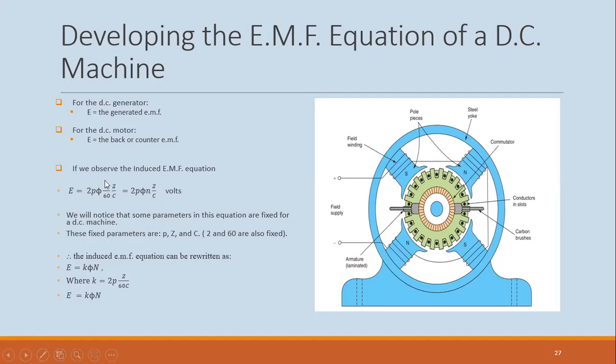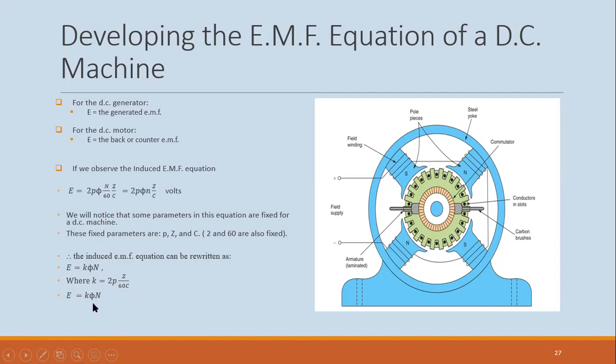So I could reduce the induced EMF equation to K phi N, because phi and N are things that can change, but the other things are fixed for a particular machine. So E is equal to K phi N, where K is equal to these fixed parameters of the machine: K is equal to 2P times Z over 60C.